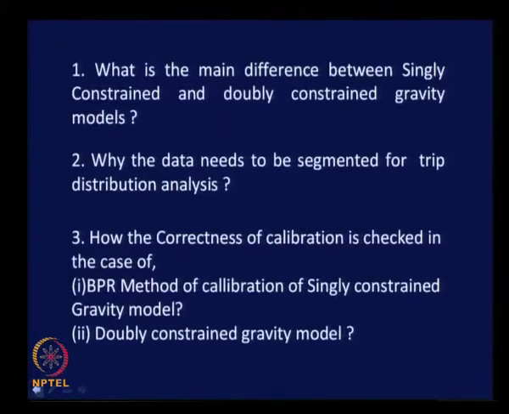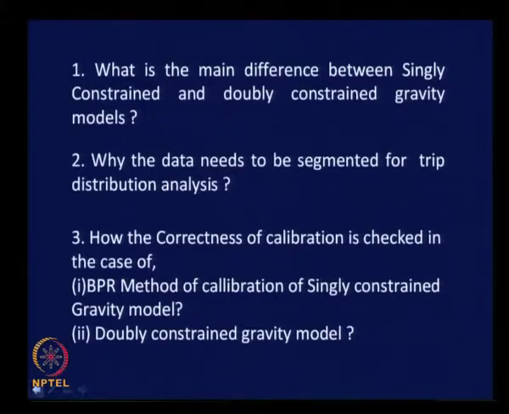In the model calibration process, you may recall, we just express Fij as a function of Tij, right. In BPR method also we express the friction factor as a function of mostly travel time and very rarely travel distance, okay.